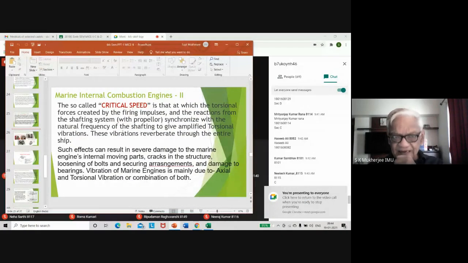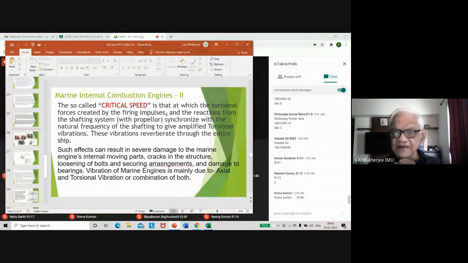Okay, so that explains critical speed. The so-called critical speed is that at which the torsional forces created by the firing impulses and the reactions from the shafting system with the propeller synchronize with the natural frequency of the shafting to give amplified torsional vibrations. These vibrations reverberate through the entire ship.